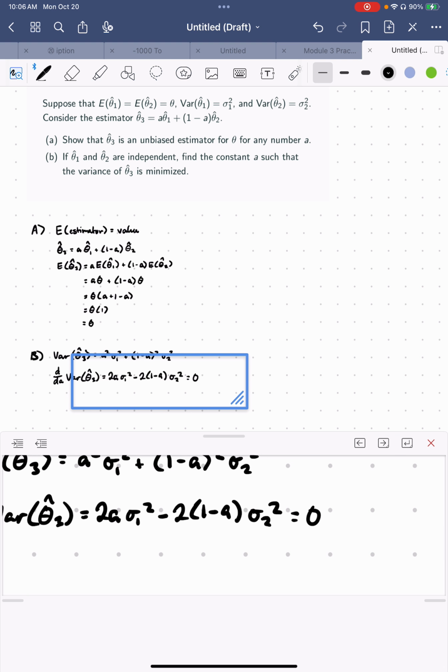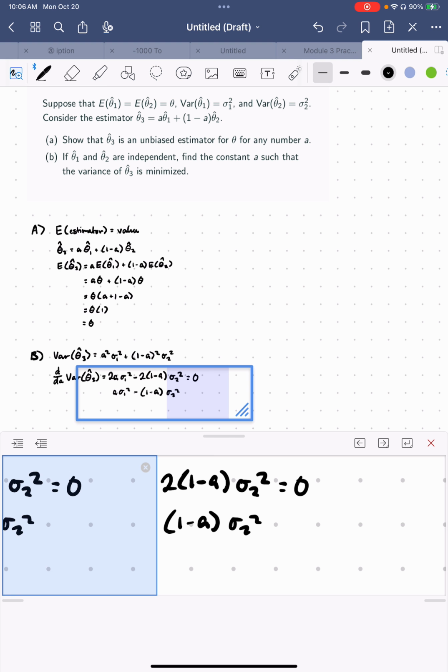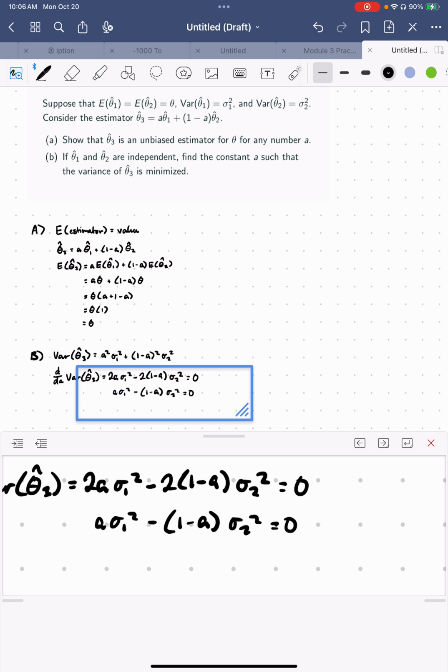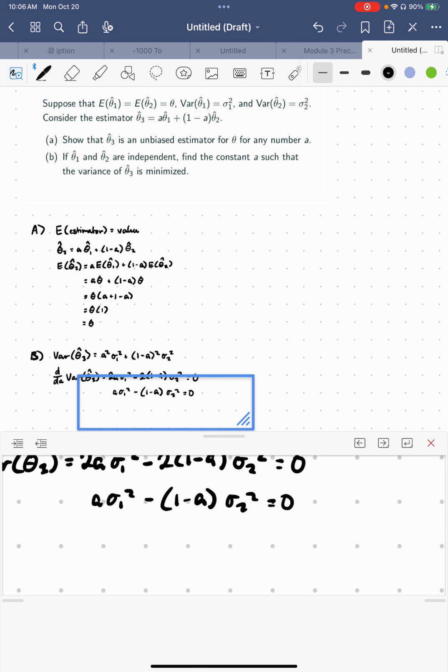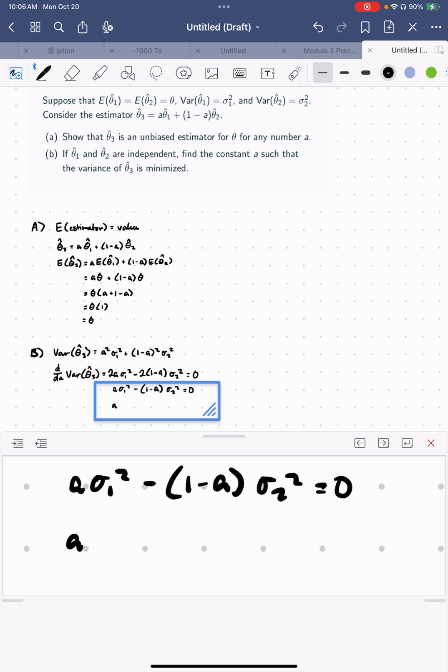And we can divide both sides by 2, so we have just A sigma 1 squared minus 1 minus A sigma 2 squared equals 0. And now we can distribute this. So we have A sigma 1 squared. Why have I been saying theta?